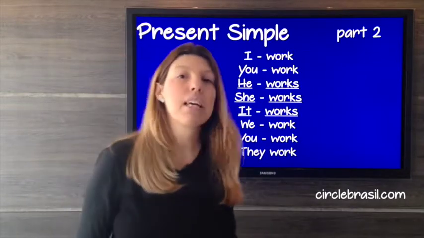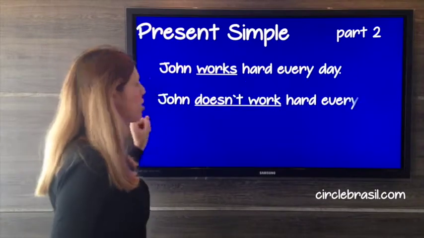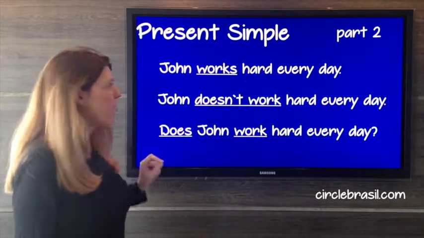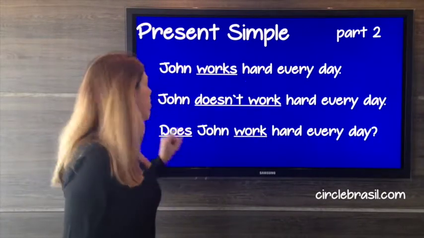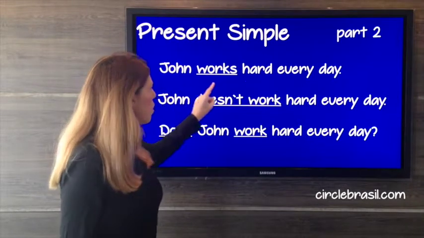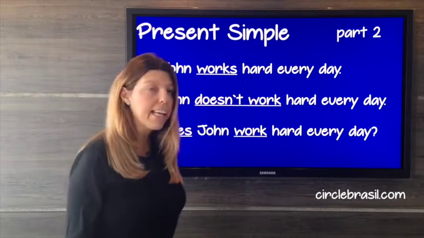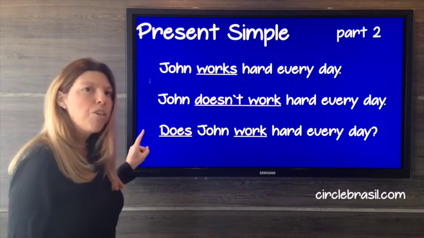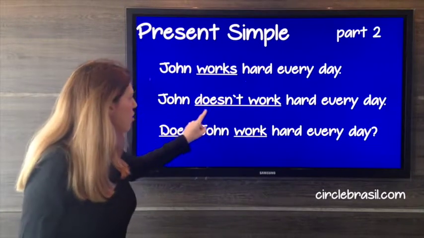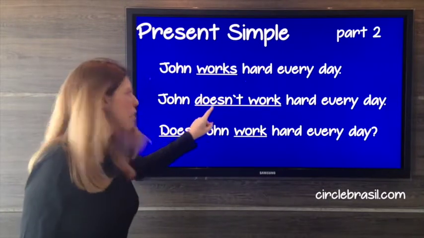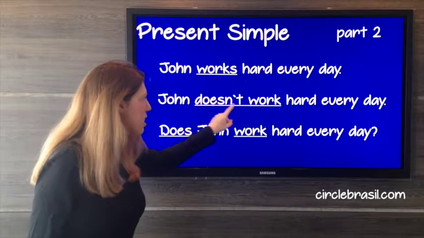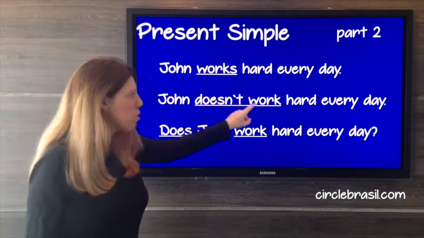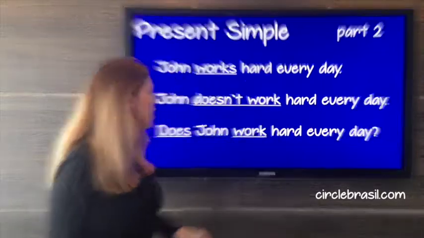So just a few examples for you with the third person. So if I have a sentence in the affirmative like this, John works hard every day, for the negative form, I'm going to use the auxiliary verb does plus not, okay, so doesn't, so John doesn't work hard every day.